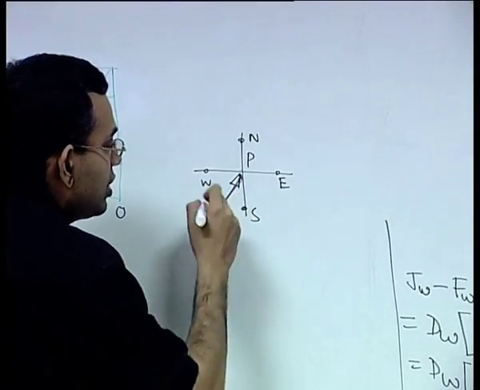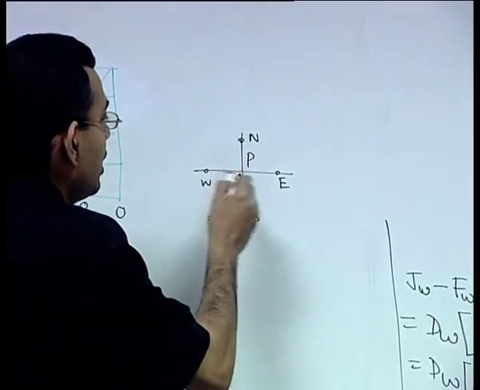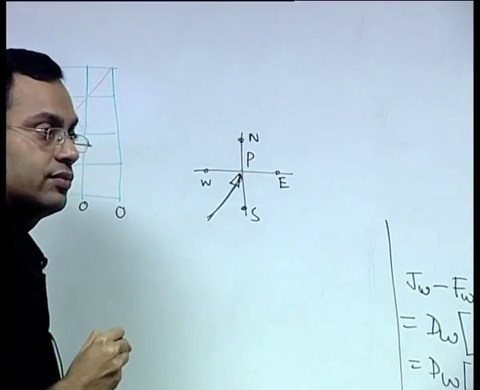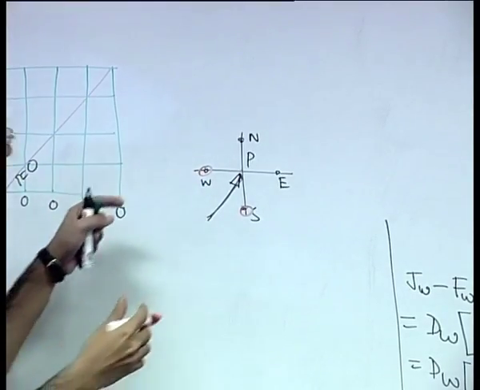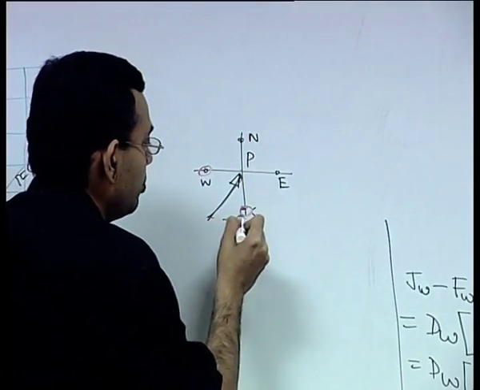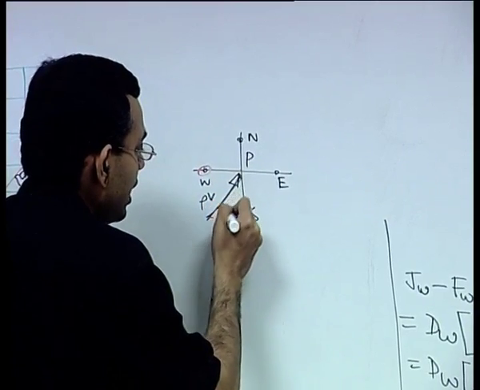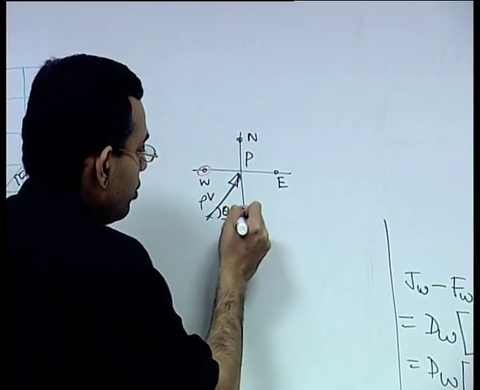What will be the corresponding coefficients if you use the upwind scheme? Out of these four, W, E, N, S, which two will be effective? W and S, right, because those represent the upstream directions. If you resolve this flow into components, let us say this is rho V, this angle theta is 45 degree.